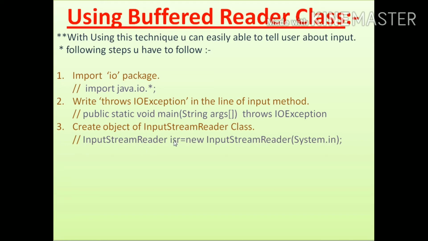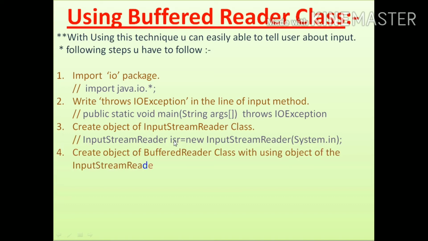You can use any different name; isr can be any name. I use isr because input I, stream S, reader R. New InputStreamReader(System.in), you have to write like this. You are just able to change isr.